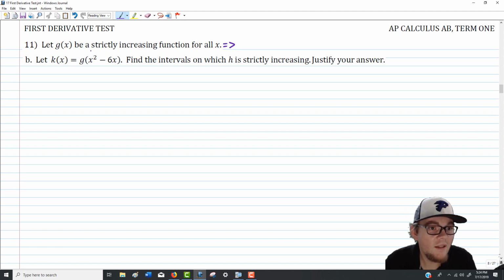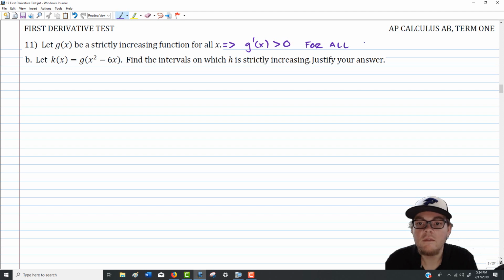If g is strictly increasing for all x, that means that g prime of x is positive, aka greater than 0, for all x. So that's really important.